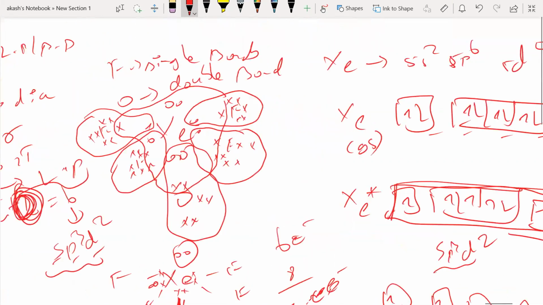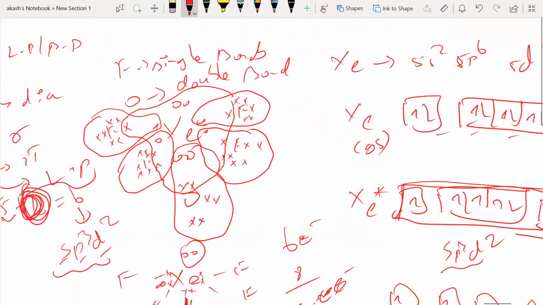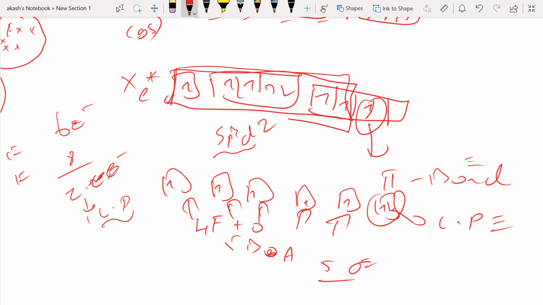Sir, can you show it once again? Yeah, sure. Sir, so for each orbital, we have to mix it with 1 atomic orbital. Correct. For each of the hybridized orbitals, I have 5. This is already done.